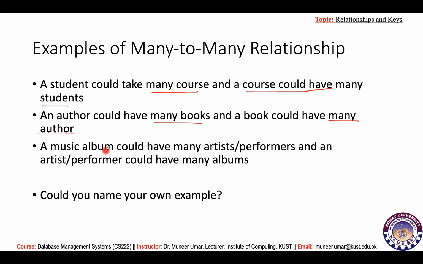A music album could have many artists, performers, and an artist performer could have many albums. So these are the examples of many-to-many relationships.